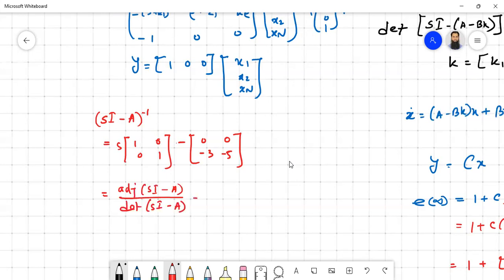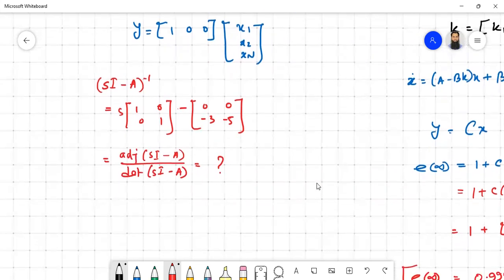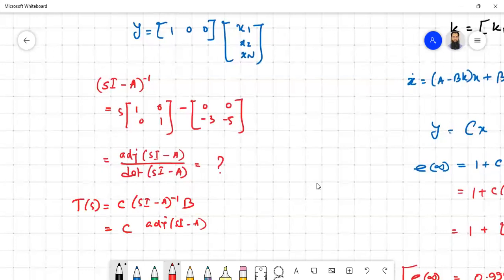Okay, so based on that, you are going to see, if I figure out the equation, then finally what you have to do is your closed loop transfer function, that is T(s) equal to C into (sI minus A) inverse B. So this is already covered in one of the earlier lectures on how to figure it out. That is why I'm not doing it in detail, just giving you the formula.